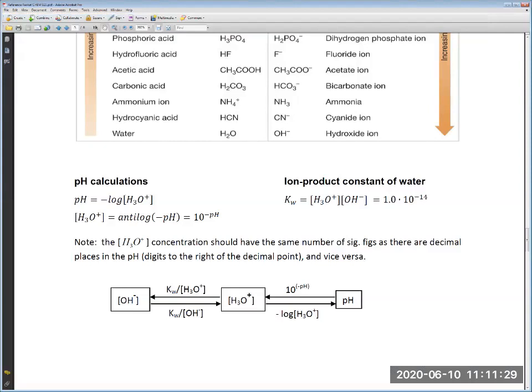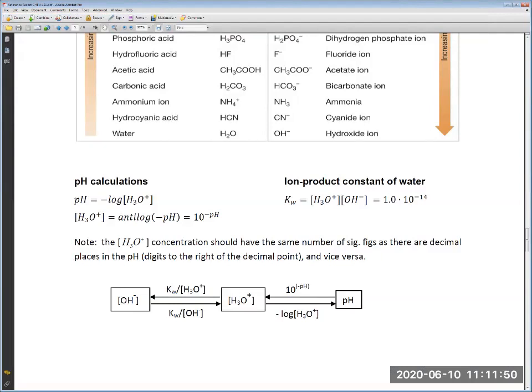Only the products show up in the equilibrium constant, because on the reactant side it's two molecules of water, and water is a liquid, so it would not show up in the denominator. That's why the equilibrium constant is called Kw.